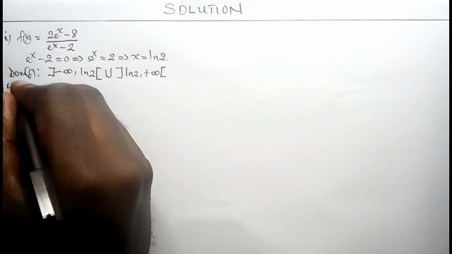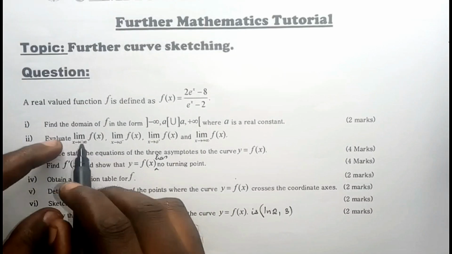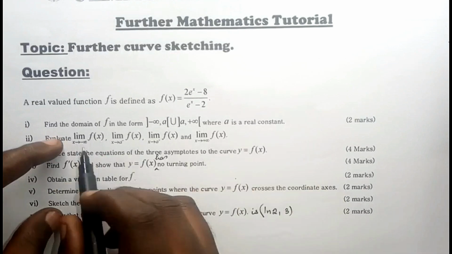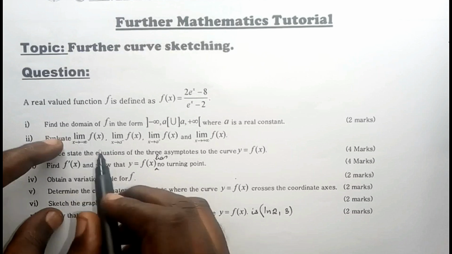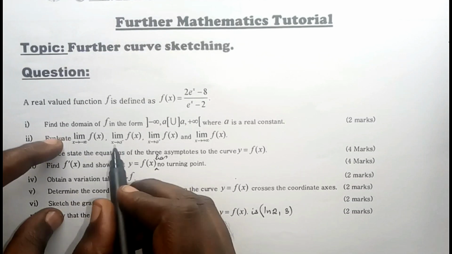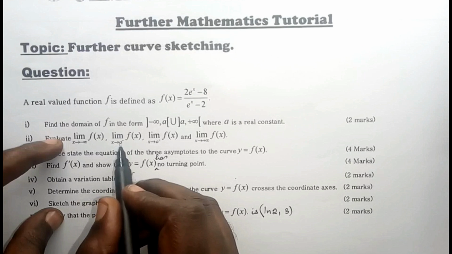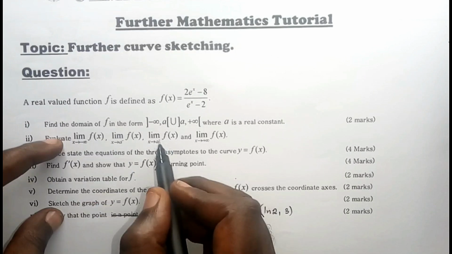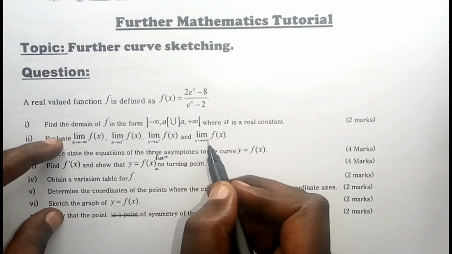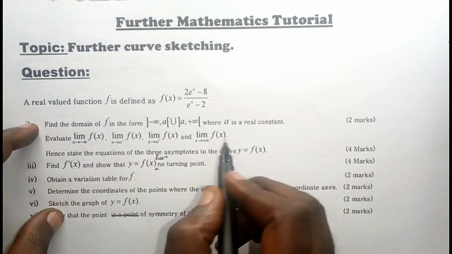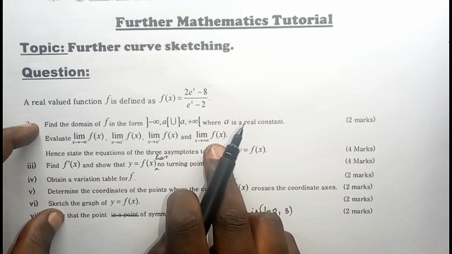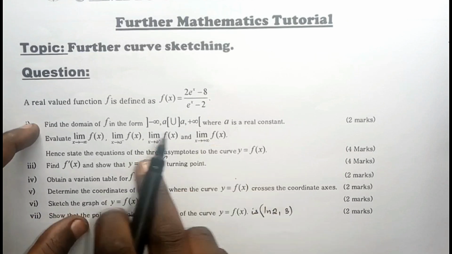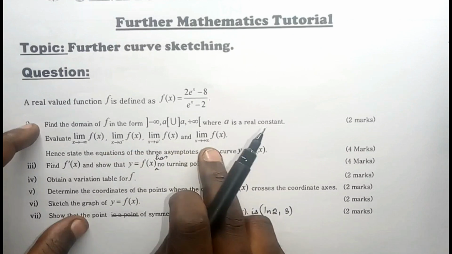In Roman 2, we are asked to evaluate the limits at the boundaries. We have the limit as x tends to negative infinity, the limit as x tends to our a, which in this case is ln 2, from below and then from above, and then the limit as x tends to positive infinity. So these are simply the limits at the boundaries of the domain which they are asking you to find. And these limits usually provide us with the asymptotes to the curve.